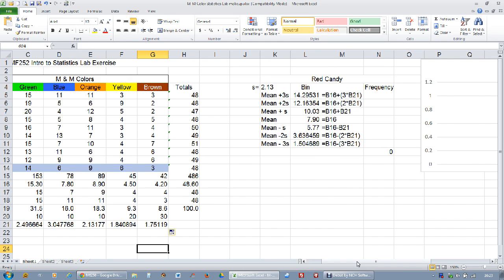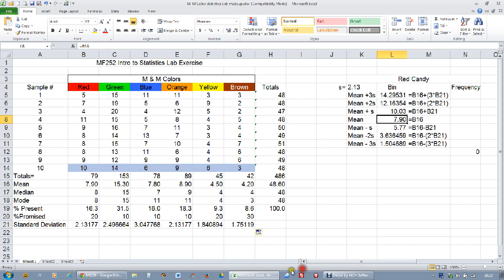And instead of labeling them colors, we're going to start off right in the middle here with mean. And that's real simple. I'm just going to click on B16 right here, the mean. And as you can see, 7.90.